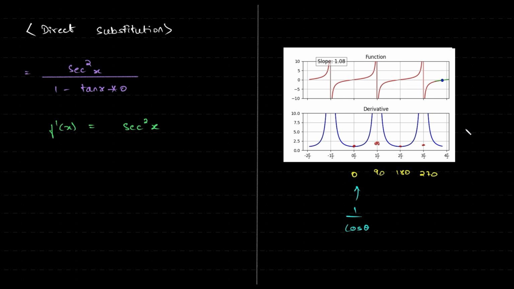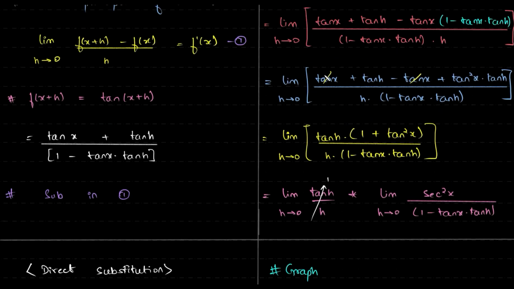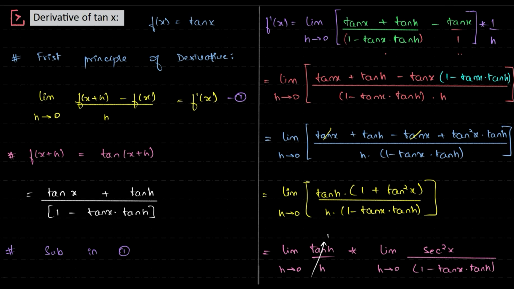So basically we can clearly see that this is related to secant and it is getting squared as well. So that is your derivative of tan x. So this is your graphical view. So now pause and copy everything and copy in this manner.